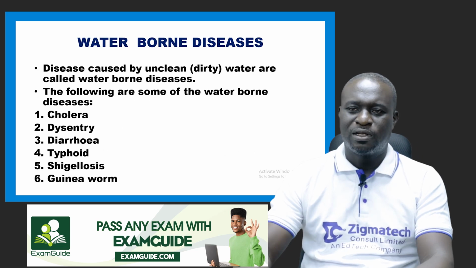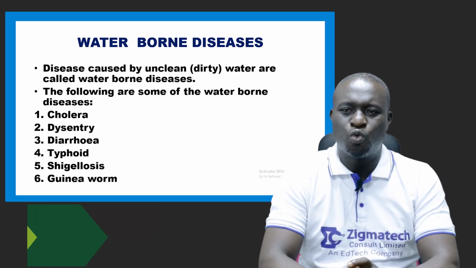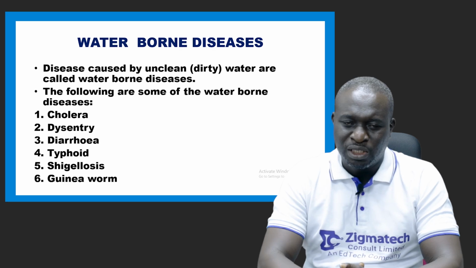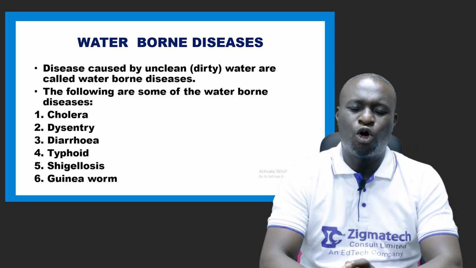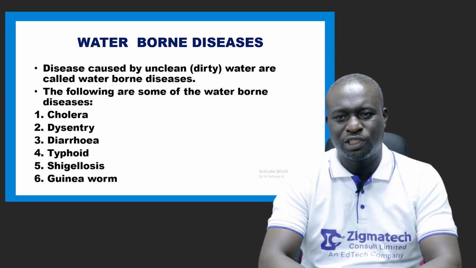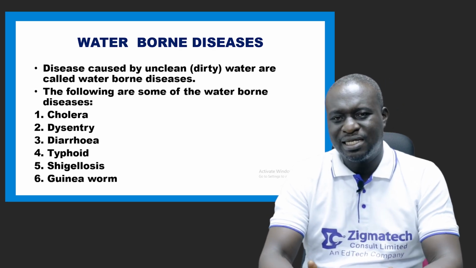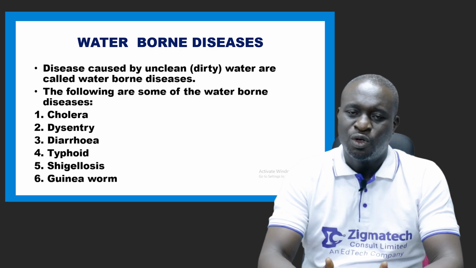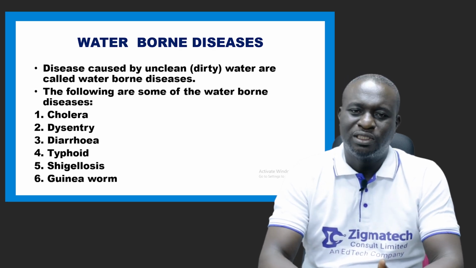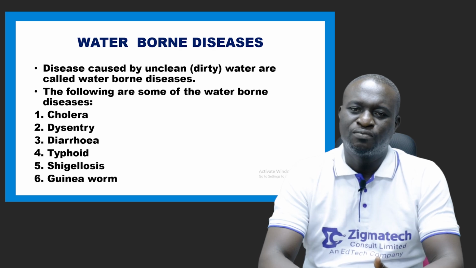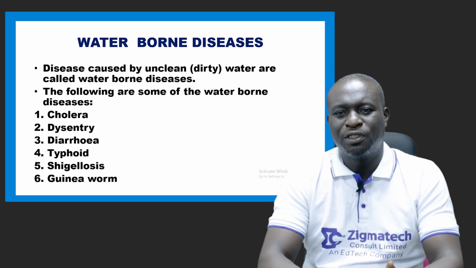Let's begin by looking at waterborne diseases. Now, diseases caused by unclean or dirty water are called waterborne diseases. So any disease that can be contracted when someone uses dirty or unclean water can be referred to as waterborne diseases.